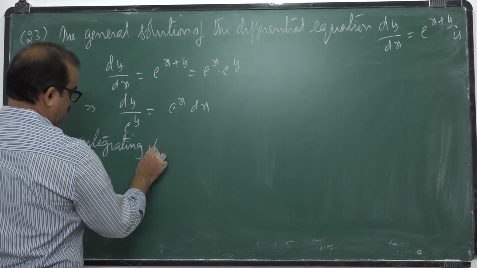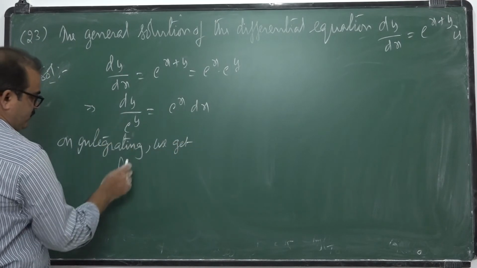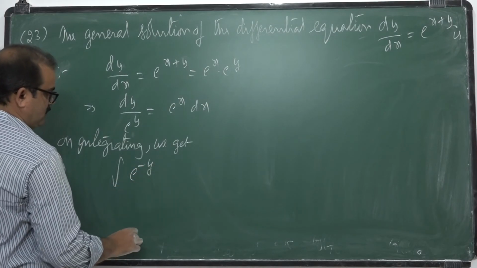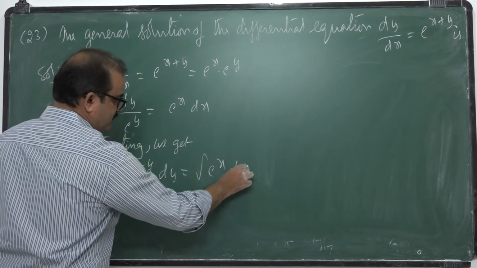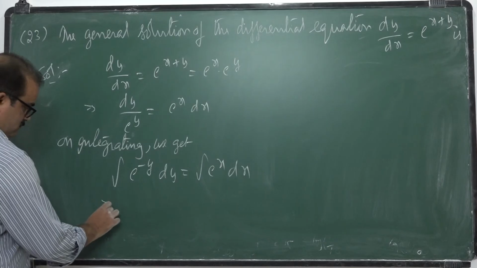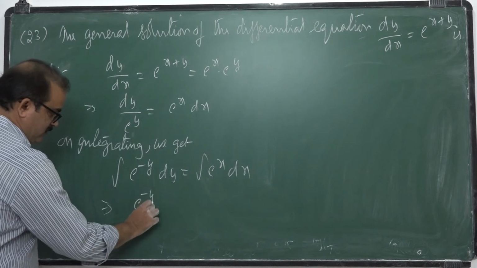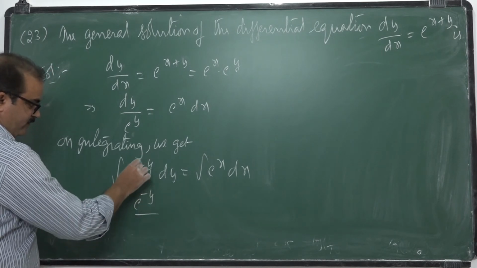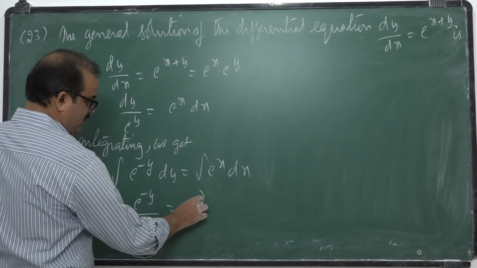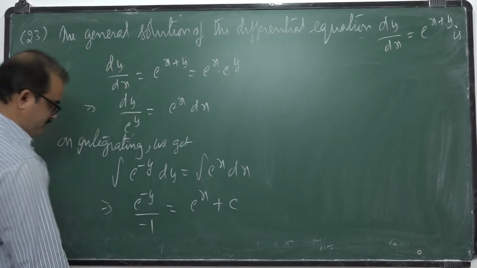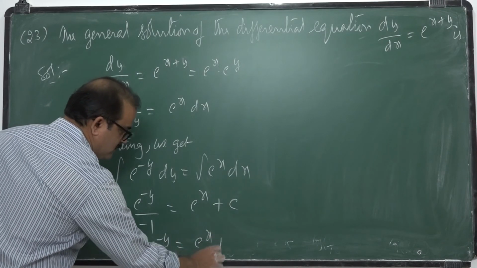On integrating, we get integral of 1 by e power y, that is taken as e power minus y into dy, is equal to integral e power x into dx. Integral e power x, that is e power x. Integral e power minus y by derivative of minus y, minus 1, is equal to integral e power x plus c. So this is minus of e power minus y is equal to e power x plus c.